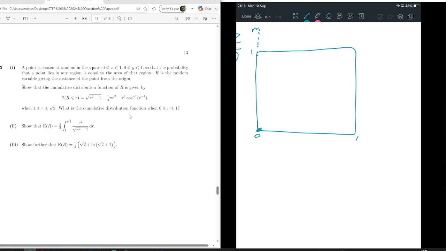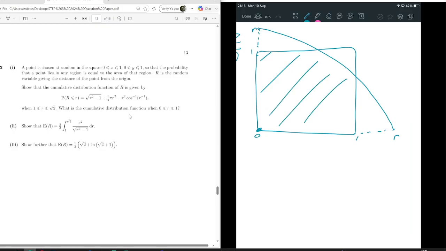I could just label it with a y coordinate of R, an x coordinate of R, and I want the semicircle drawn relatively well. So I want to find this area here that's inside my square and inside that semicircle. I'm going to call that area A, and that's what I'm looking for.